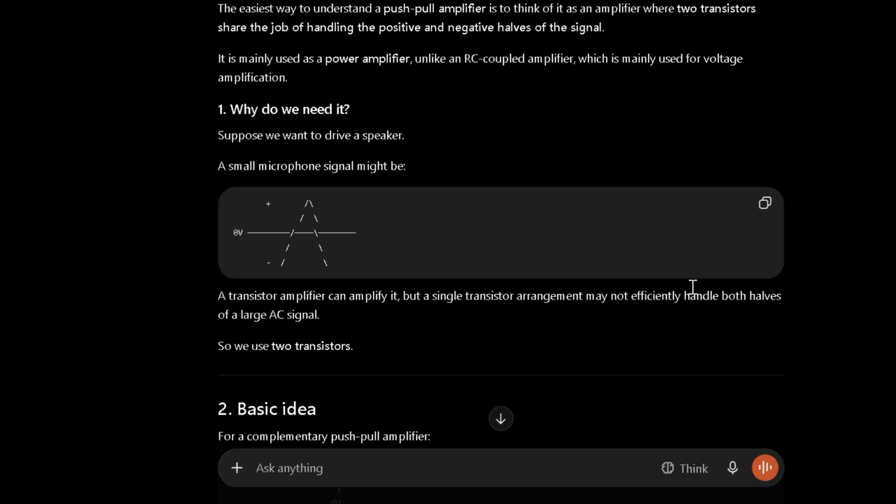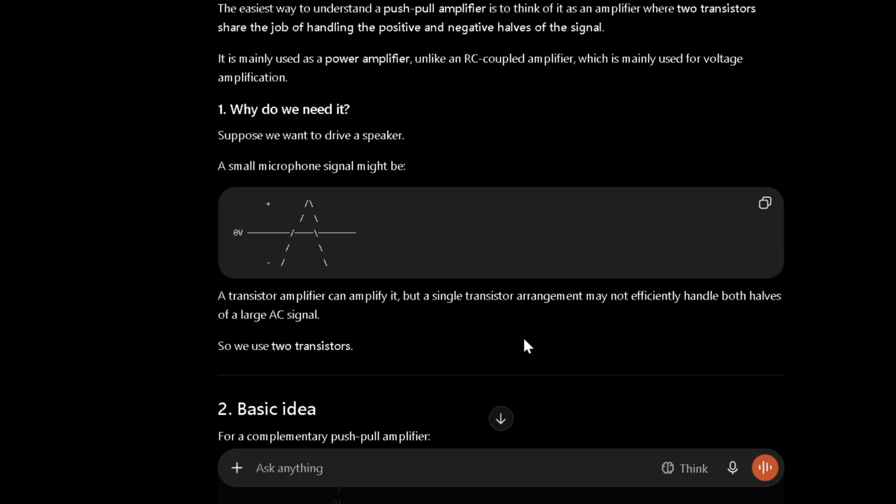It may be amplified, but it cannot drive the speaker. We need the help of transistors to do that.